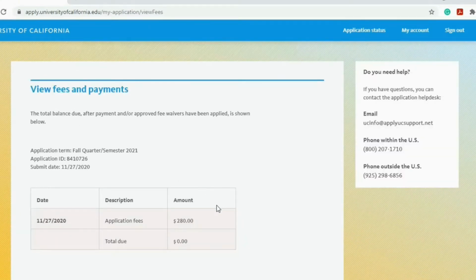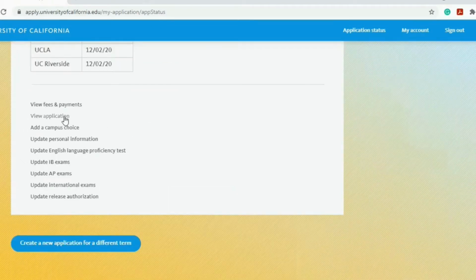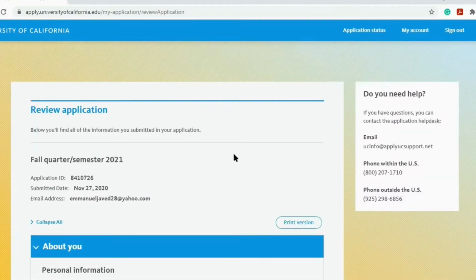The fee to apply was about $80 per application, so for four universities it would be a lot, but I paid $0 because my community college let me apply to four universities for free. As I said, I applied at UC Berkeley, UCI, UCR, and UCLA. Furthermore, now I'll go through my complete application.